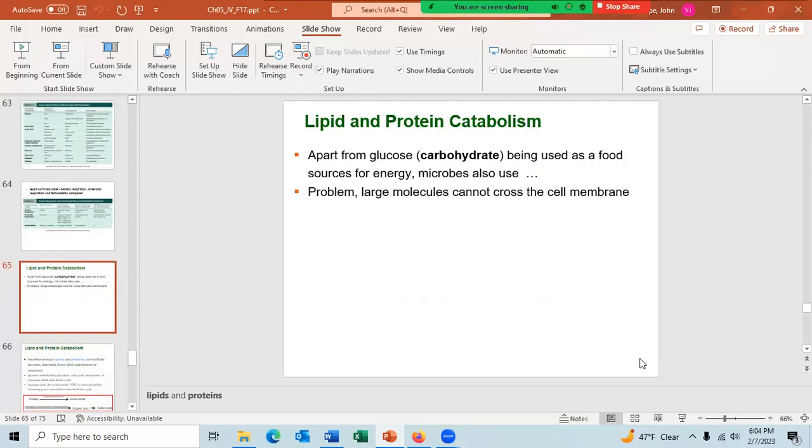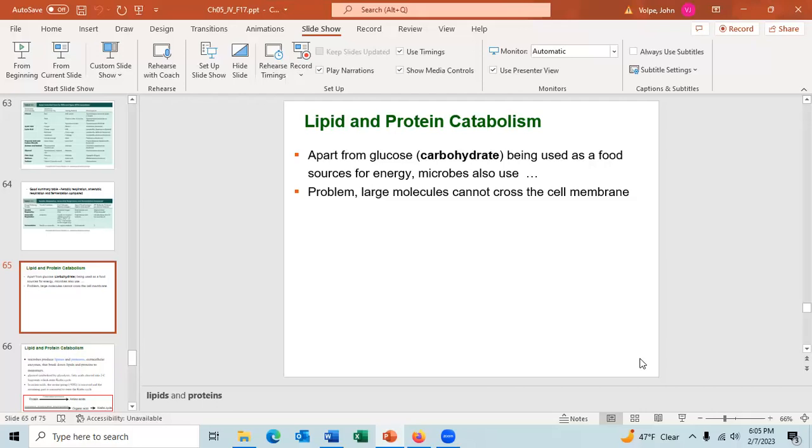All right. Now I've talked about glucose being used in aerobic respiration, and most of the time that is the molecule that we use when we want our cells to make ATP from aerobic respiration. However, all of the food molecules that we can eat can be used to generate ATP.